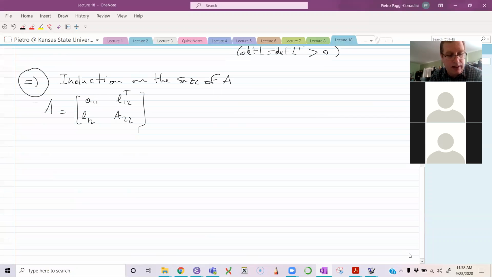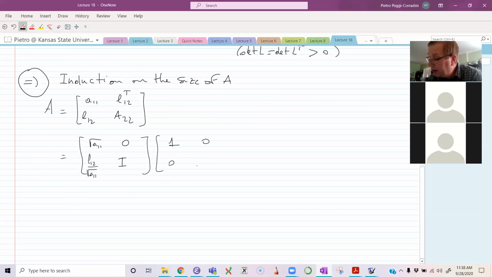All right, so let's set up the induction step. With this kind of structure, we'd like to factor this as square root of A11, 0, L12 over that square root, times the identity, times 1, 0, 0, A22 tilde, and square root of A11, L12 transpose over the square root, 0, times the identity.